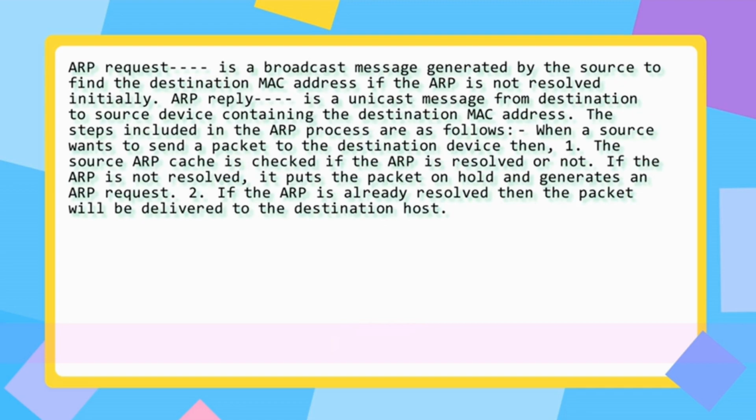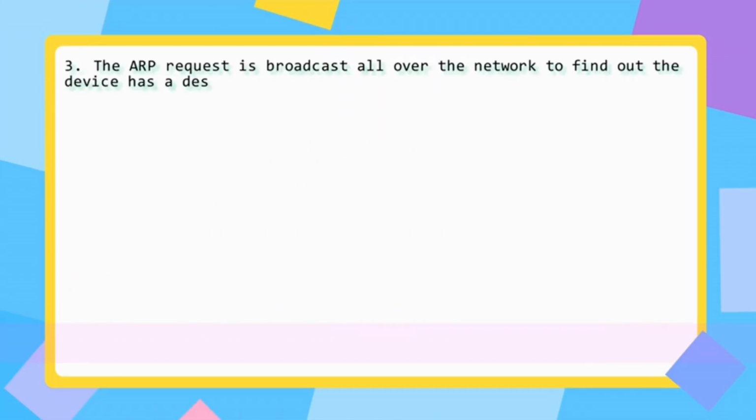The steps included in the ARP process are as follows. 1. When a source wants to send a packet to the destination device, first the source ARP cache is checked to see if the ARP is resolved or not. 2. If the ARP is not resolved, it puts the packet on hold and generates an ARP request. If the ARP is already resolved, then the packet will be delivered to the destination host. 3.